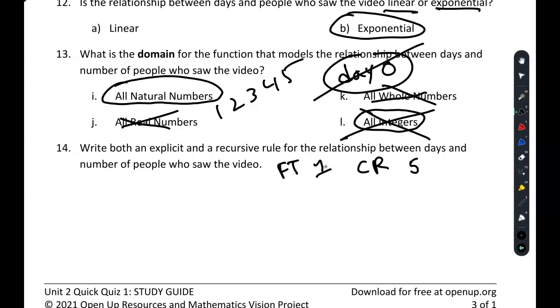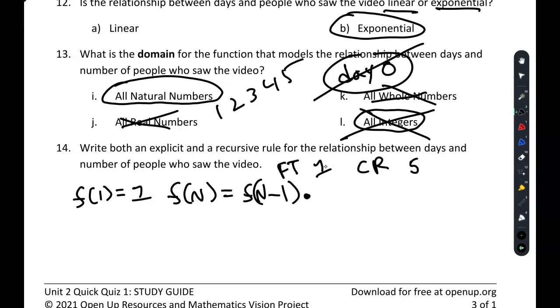So we start off with the recursive. We're going to say what the first term is. So f of 1 is equal to 1. And then we're going to say f of n, which is the next term, is equal to f of n minus 1, the previous term, times 5, because that's what you multiply it by.